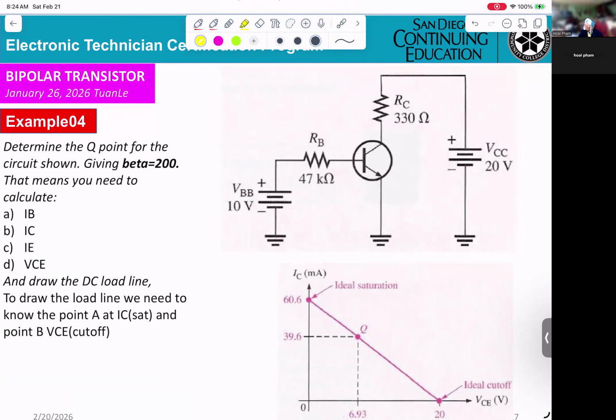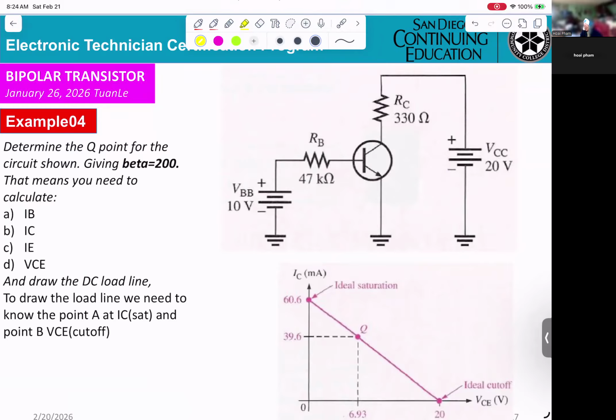IE equals 1 plus beta times IB. VCE will be equal to VC minus VE. And draw the load line.